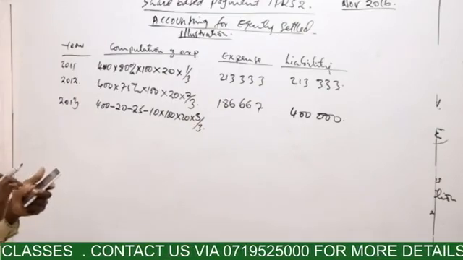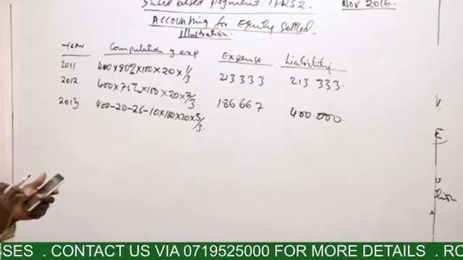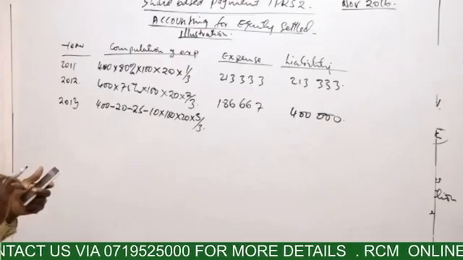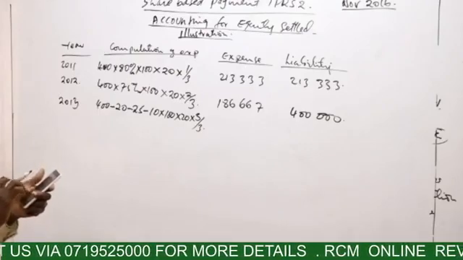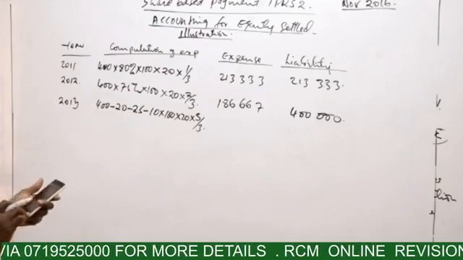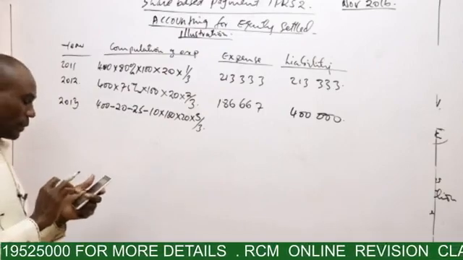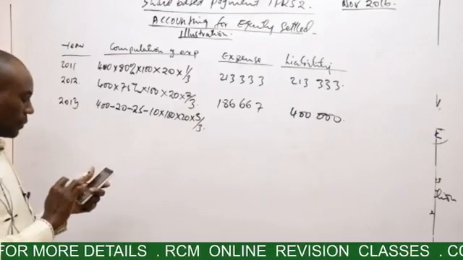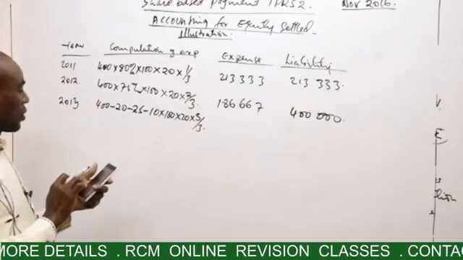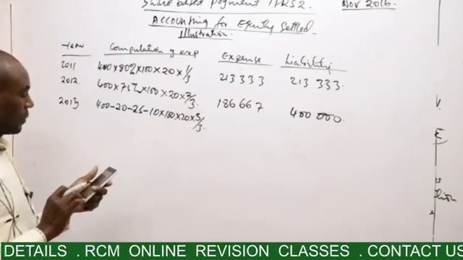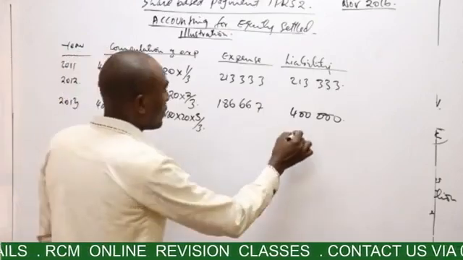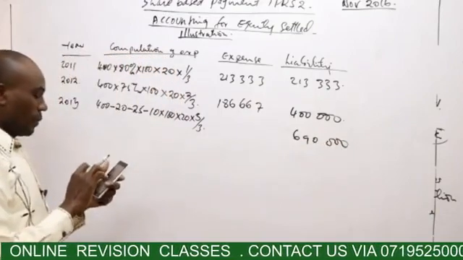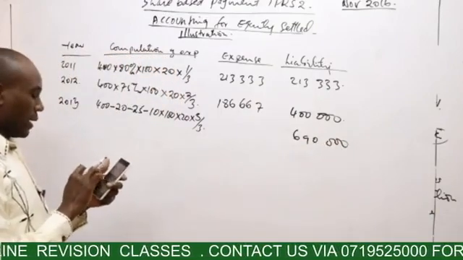Therefore, it is 400 minus 20 minus 25 minus 10. I get 345 times 100 times 20. I'm getting 690 minus 400.